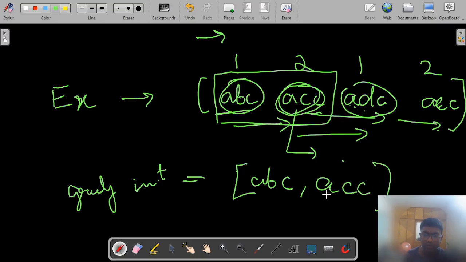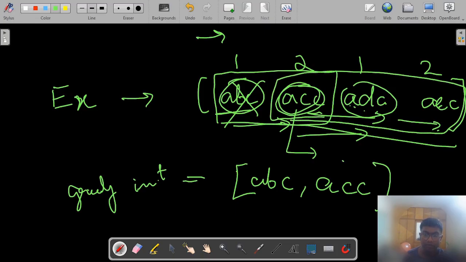If we would have ignored ABC, we could have ended up with this set of pairs, which is ACC, ADC, and AEC. So these would have been a possible pair if we would have ignored, or if we would have started from ADC, checking this one and this one, right?